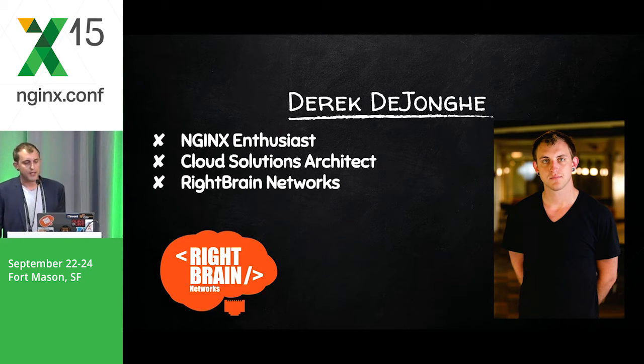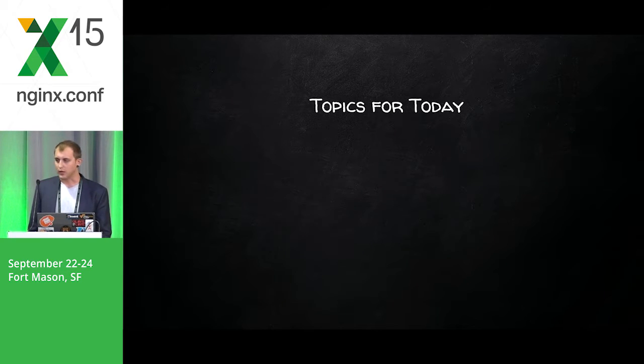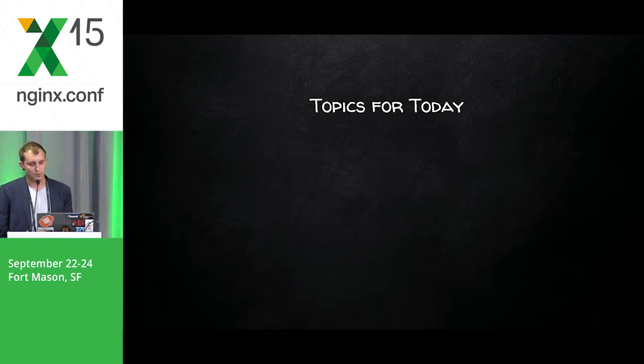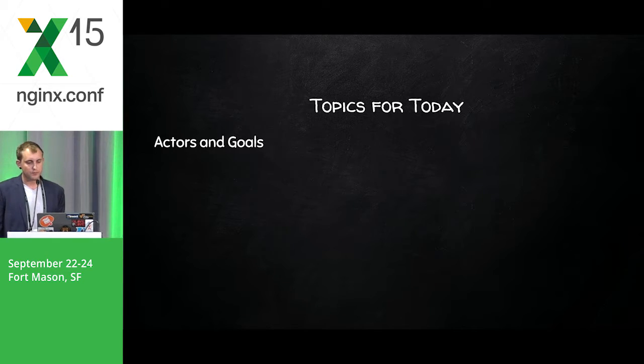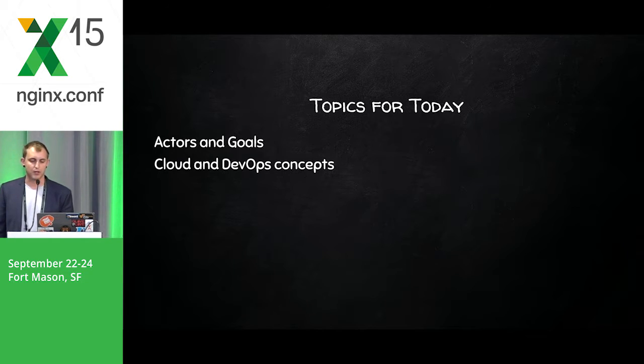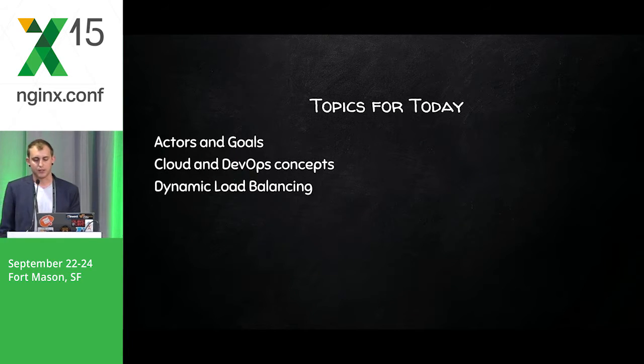So today, we're going to have a few topics. We're going to briefly cover some reasons why we're doing things like this. We're going to talk about who our actors are and what our goals are. We're going to cover some basic cloud concepts and DevOps. And then we're going to talk about what I mean when I talk about dynamic load balancing.